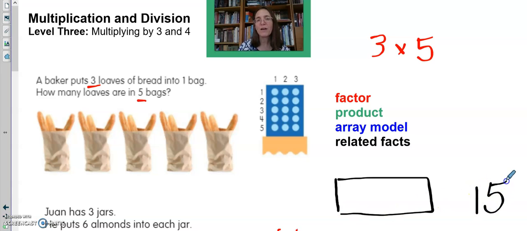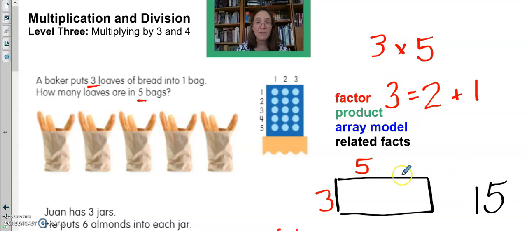But let's make a quick array model and look at how we can use a relationship here. So my factors again are 3 times 5. One great strategy for doing any number times 3 is to remember that 3 has a number bond with 2 plus 1. Now, we proved to you yesterday that you already know how to multiply by 2.